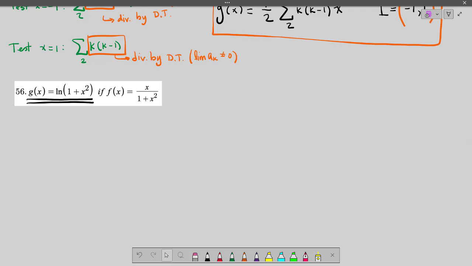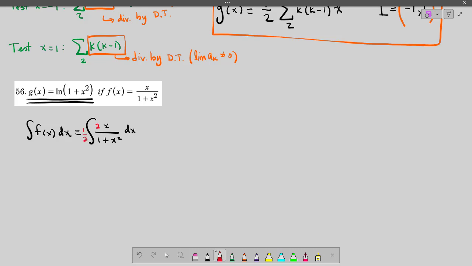Integrate. Let's check. So if we take the integral of f of x dx, that's the integral of x over 1 plus x squared. It's log form-ish if we multiply by 2 and divide by 2 on the front.